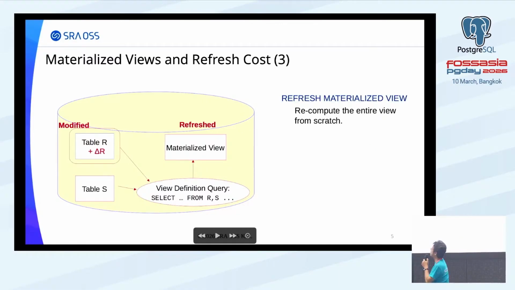Standard PostgreSQL uses the REFRESH MATERIALIZED VIEW command. This recomputes the entire view from scratch. So it is inefficient, because even if only one row in a million rows is updated, we need to recompute everything for the view. So the cost is very high.